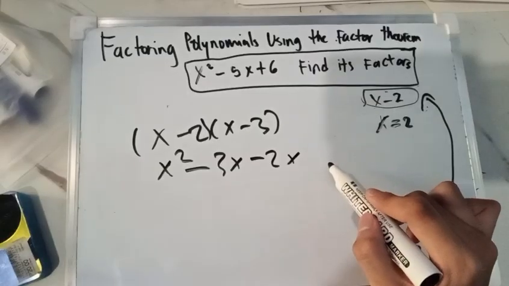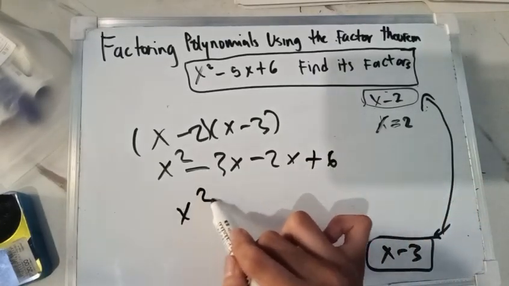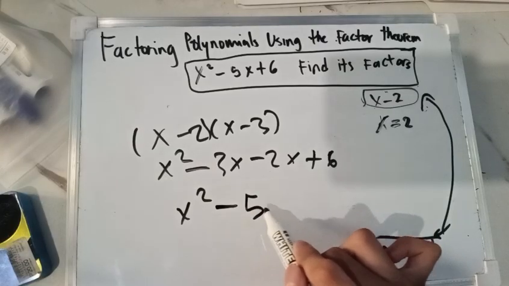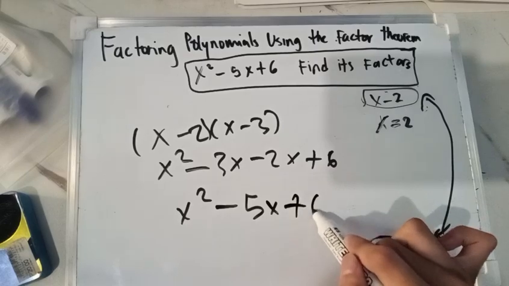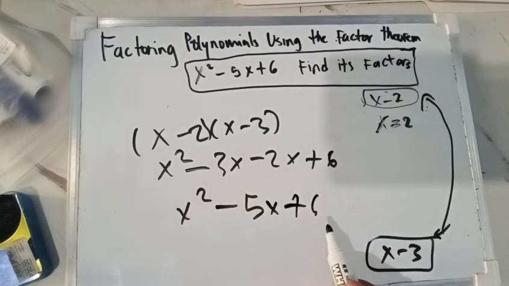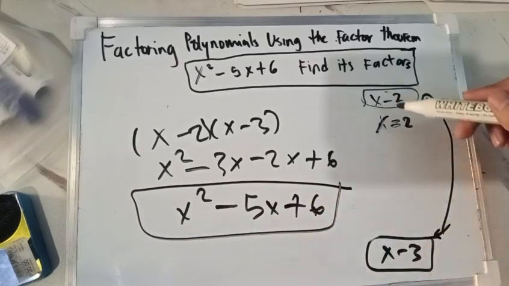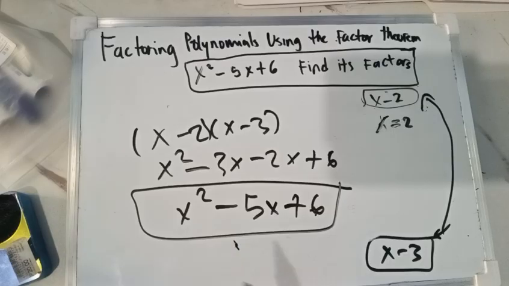Negative 2 times negative 3 is positive 6. Combine like terms, so x squared, negative 3x minus 2x is negative 5x, plus 6. So now we have checked that these two are the factors, since it is equal.